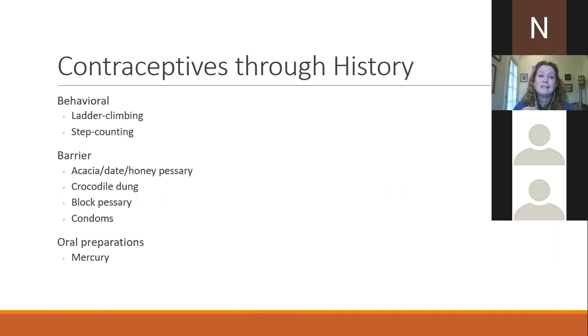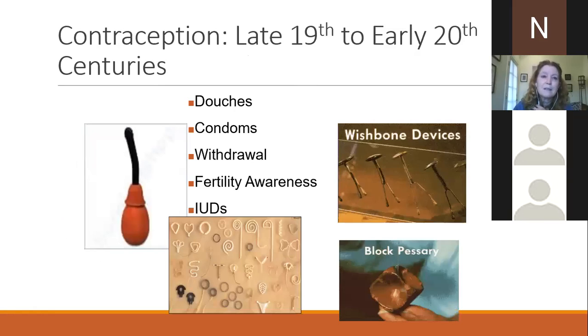There were some that actually had some biologic plausibility, using a date and honey pessary. A pessary is something that you would insert into the vagina. The stickiness and the acidity of the acacia act as a bit of a spermicide. So it was just kind of an interesting thing.